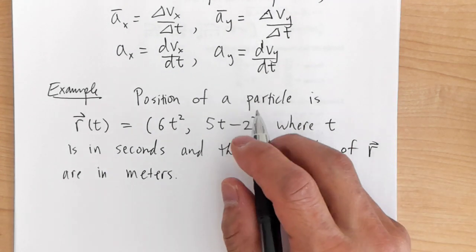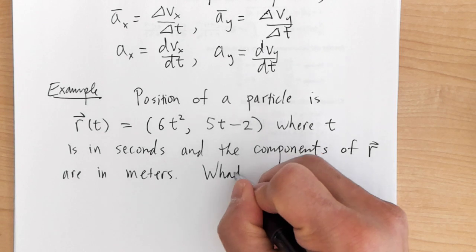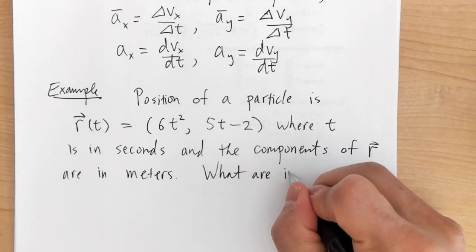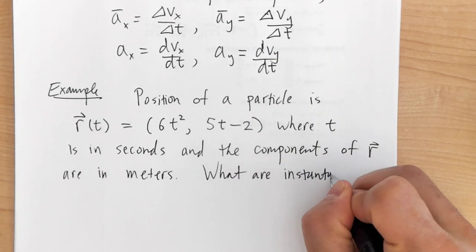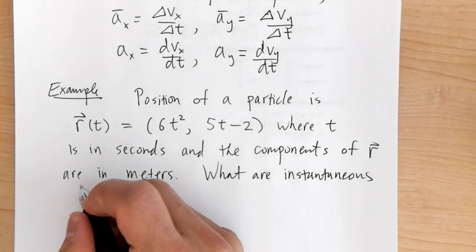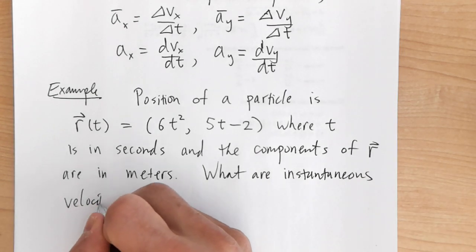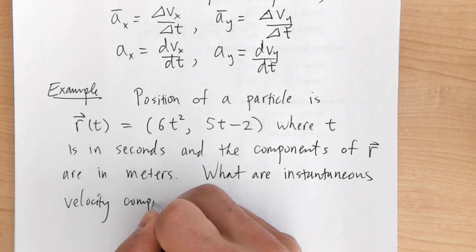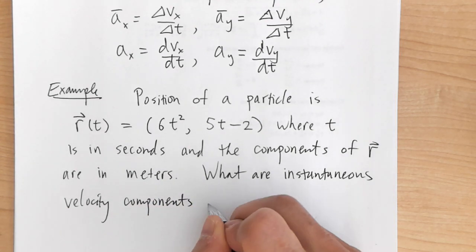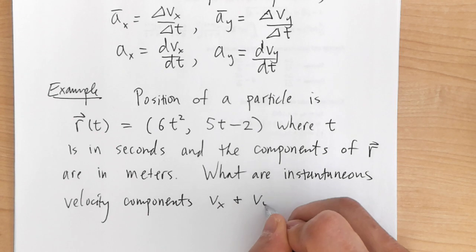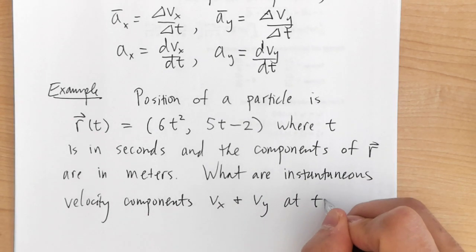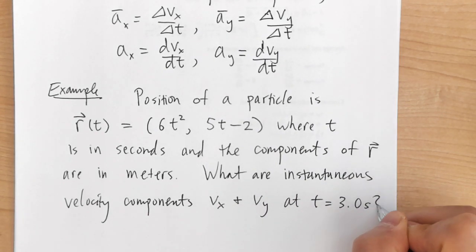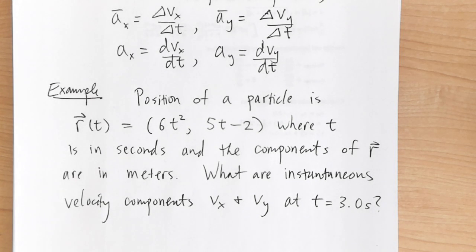And the question is, what are the instantaneous velocity components Vx and Vy at time t equal to 3 seconds? Okay. I will stop the video now, and you can work it out before we go over the solution.